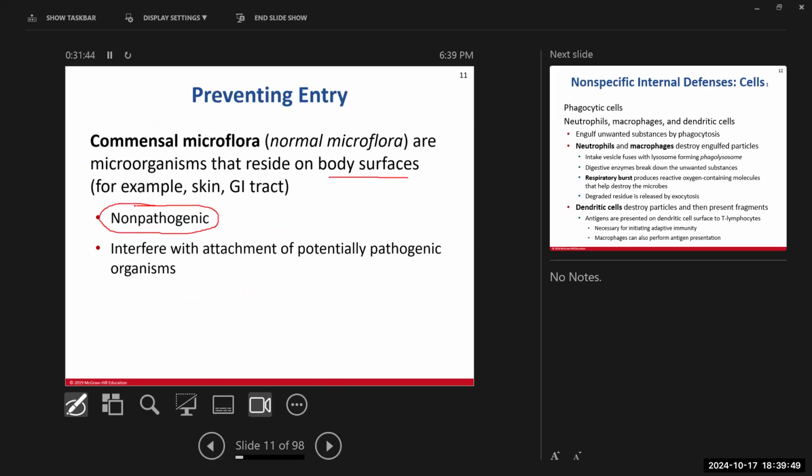But some of these microflora are what we call opportunistic organisms, which means if you grant them entry into your bloodstream or to some more sensitive areas, they are going to try to do what they do. I'm not going to say that their mission is to kill you, but as a result of that, they can cause a lot of issues.